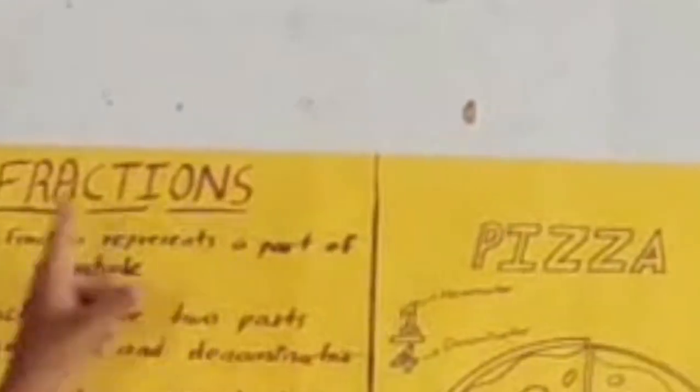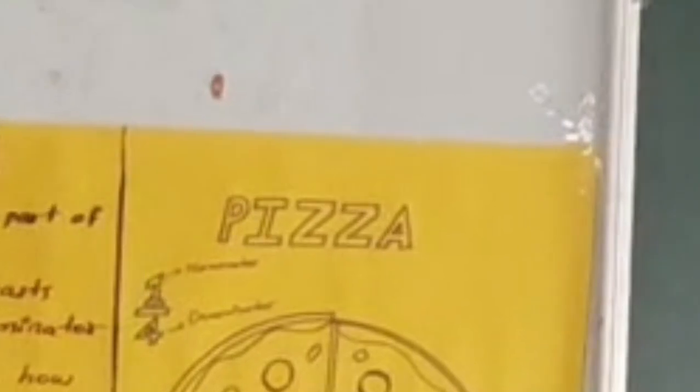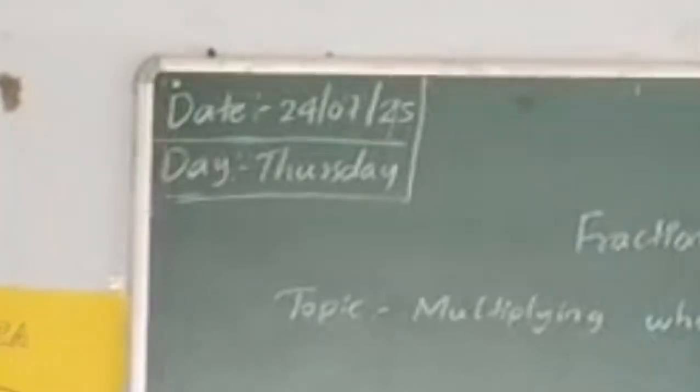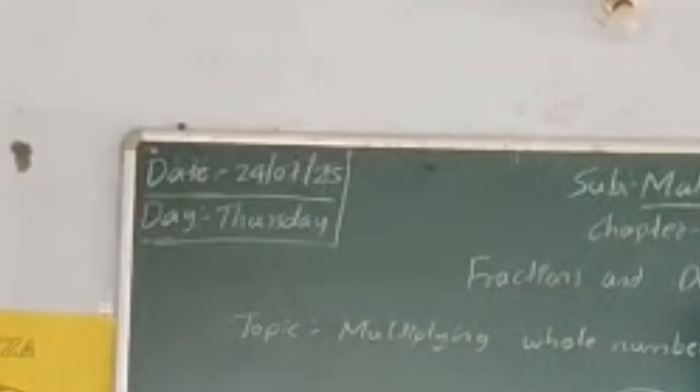So fractions are the numbers which will tell you the small part from the whole. For example, if you have a circle and you are dividing it into four parts.